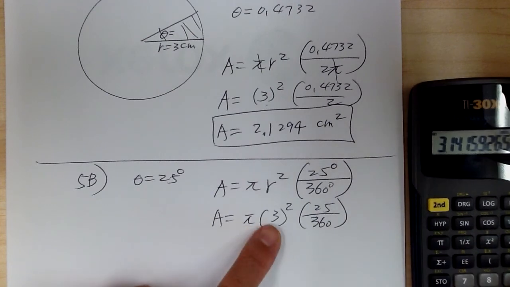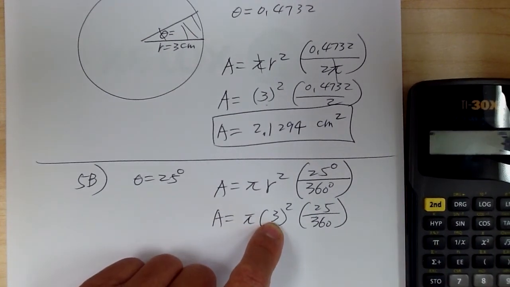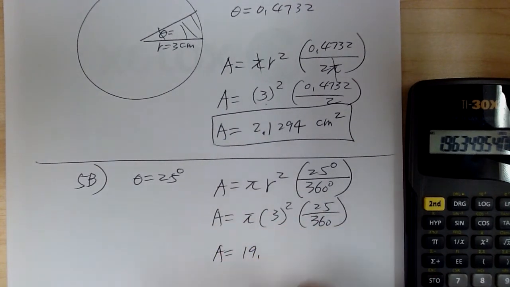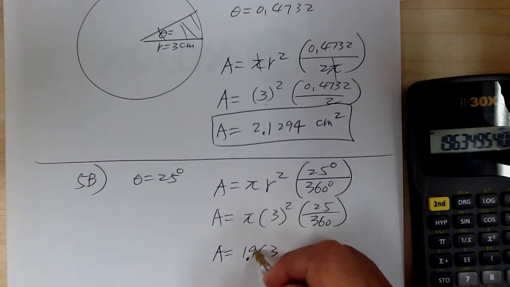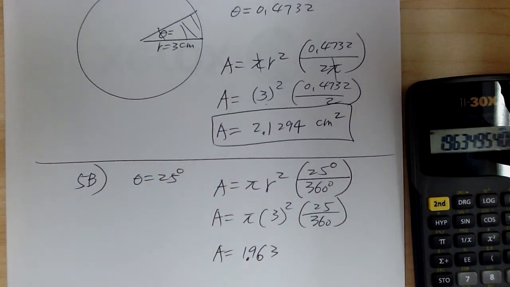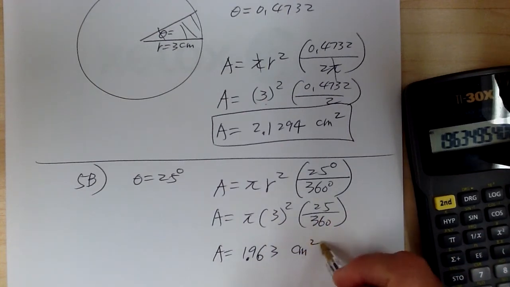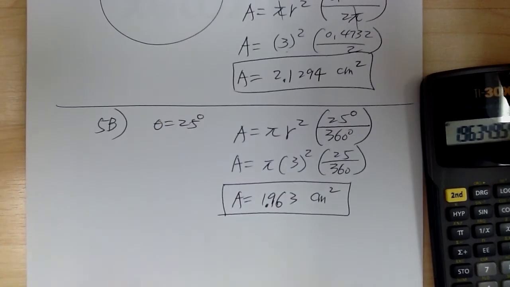Pi times 9 times 25 divided by 360, push equal. So the area equals 1.963. How many decimals? It didn't say, so 1.96 or 1.963, either way doesn't matter. And that's it, it's very simple.